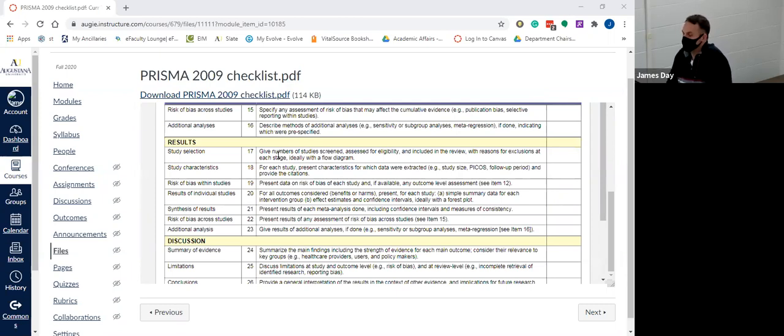Yep. Okay, so when I'm looking at the examples, they give the references for some of their reasons for excluding, obviously not all of them. Yep.